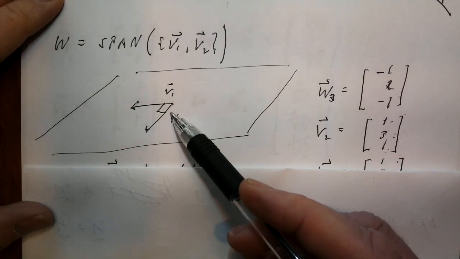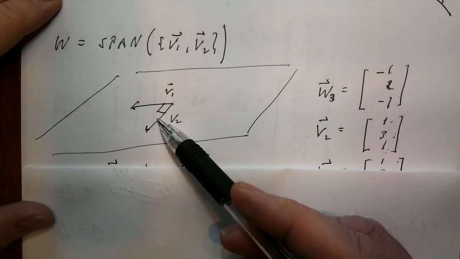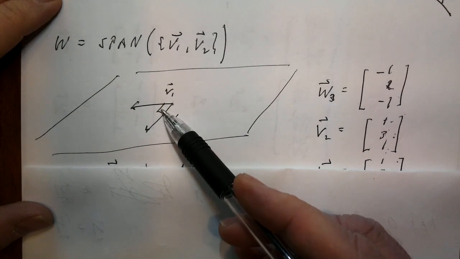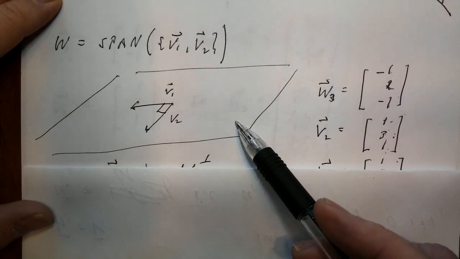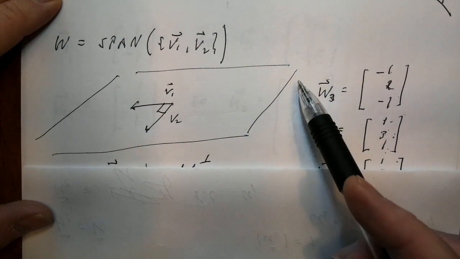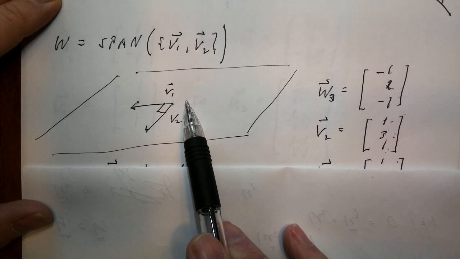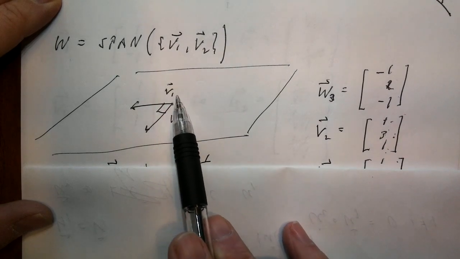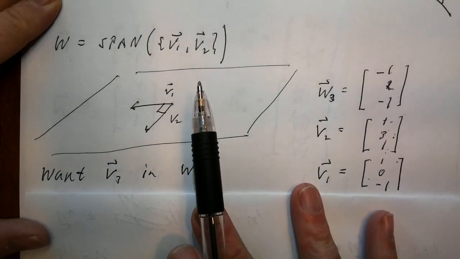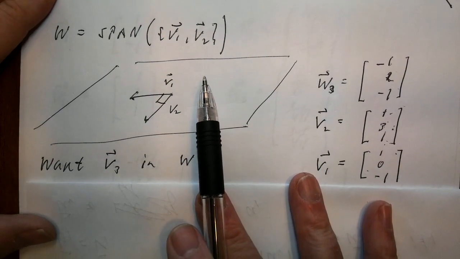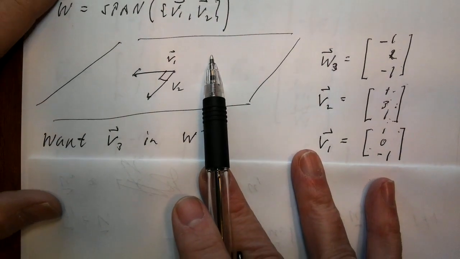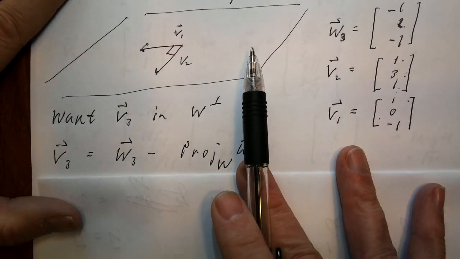V1 and V2 are linearly independent and perpendicular, so I've drawn them like this, and their span is in fact a plane. Our third vector has to be perpendicular to both V1 and V2, so V3 is going to be in the orthogonal complement of W. We've actually solved problems like that before.